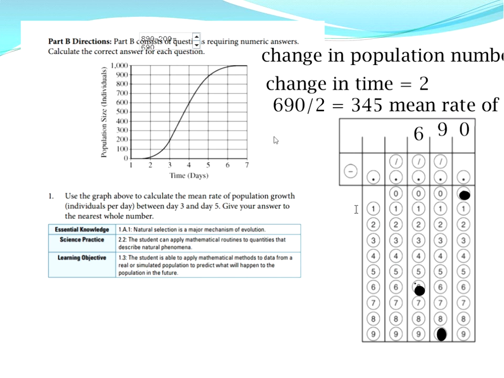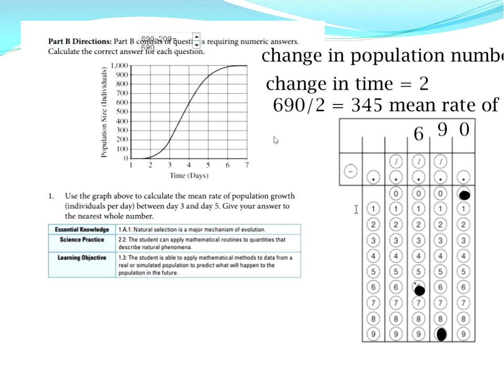Okay, so I just wanted to go back and make that change there. So this is not correct. The 690 is not correct because I forgot a very vital part of our population change. To find the mean rate, you not only have to do the change in population number, which was the about 890 to 200, and subtract that, so that's 690, but you also then have to divide it by the change in time.